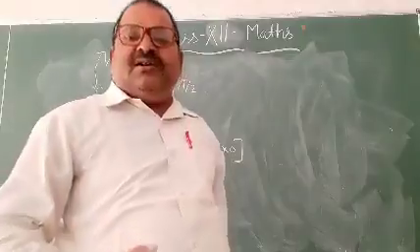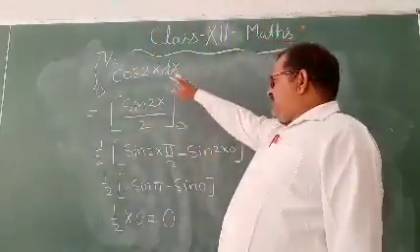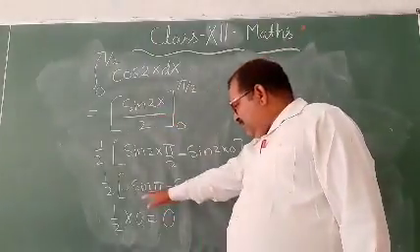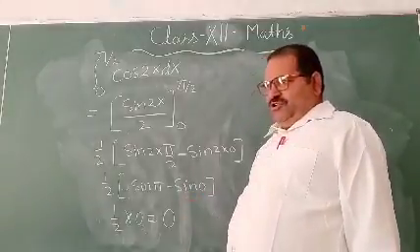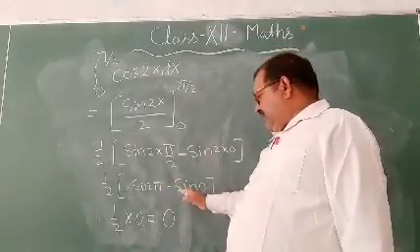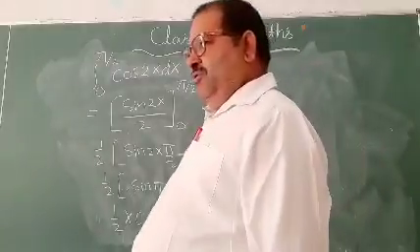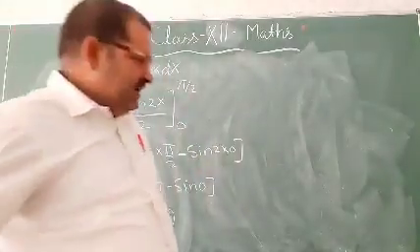So the integral of cos 2x equals sin 2x/2, the value of sin pi is 0 and the value of sin 0 is 0. So 0 minus 0 equal to 0 and 1/2 into 0 equal to 0. Clear? Next part.